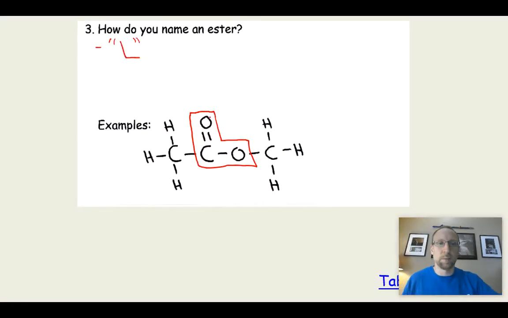The L always points towards the alkyl group.